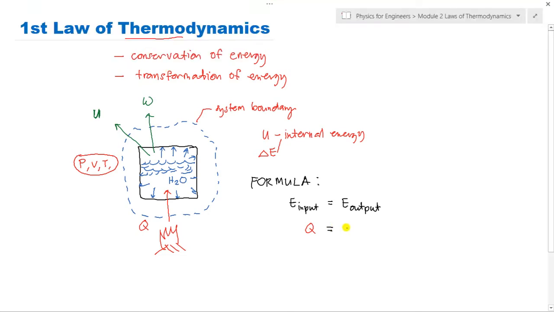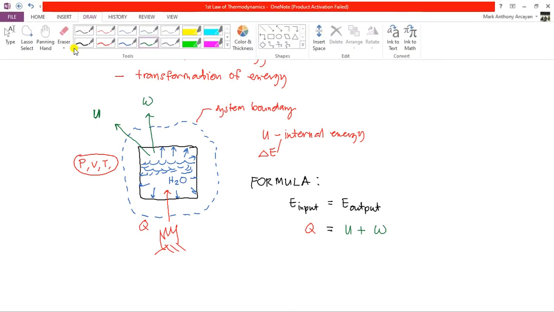So that would be U, our internal energy, plus what else? So since H2O exerts pressure given these parameters, it does work. That's why we have W here. So therefore, the general equation for the first law of thermodynamics states that the input heat is equal to the change in internal energy plus the work done by the system.